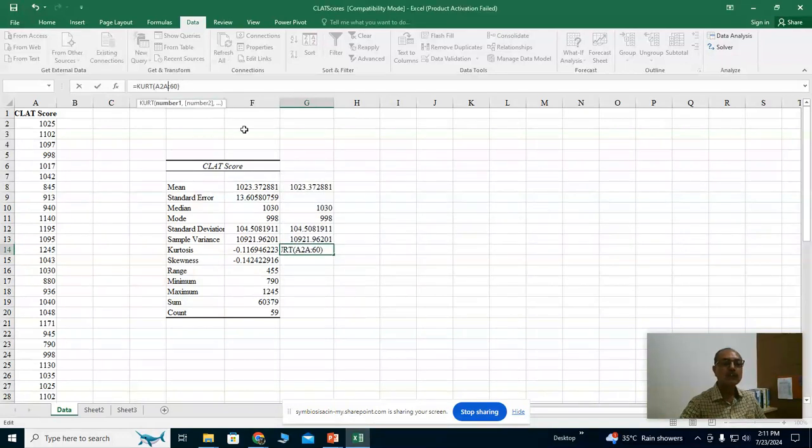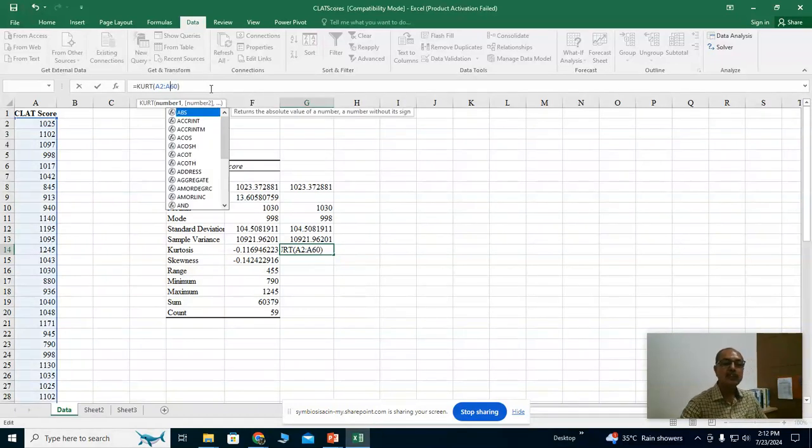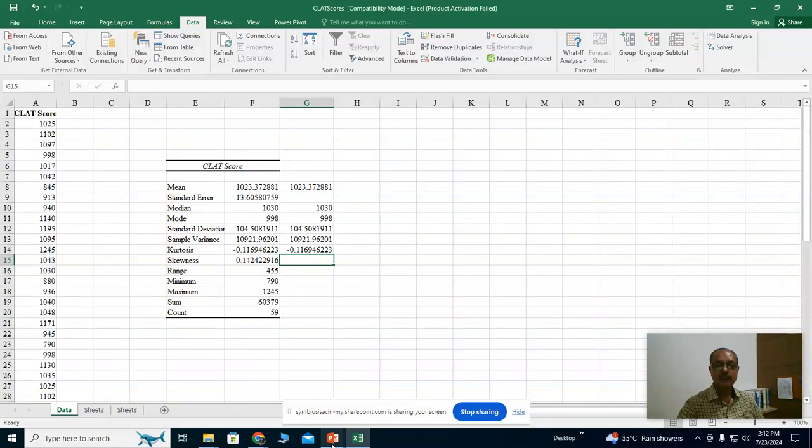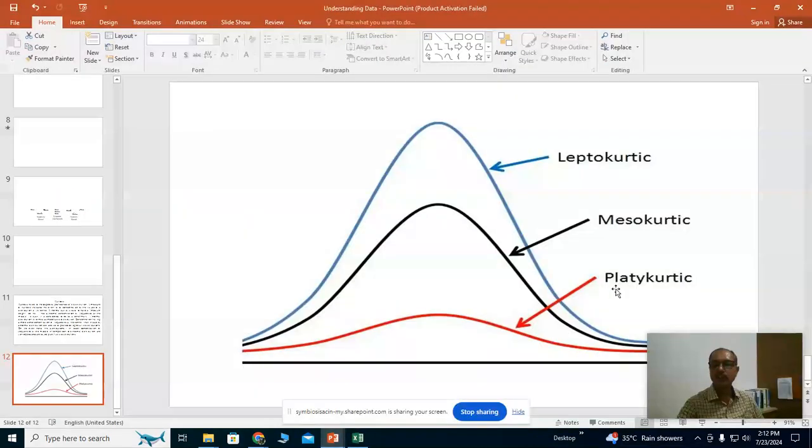If it is wrong, as A to 8 was written, that is why it is showing wrong. If there is no data, that will give you the error. So here you can see the kurtosis value. If you see a negative value, that means it is platykurtic.